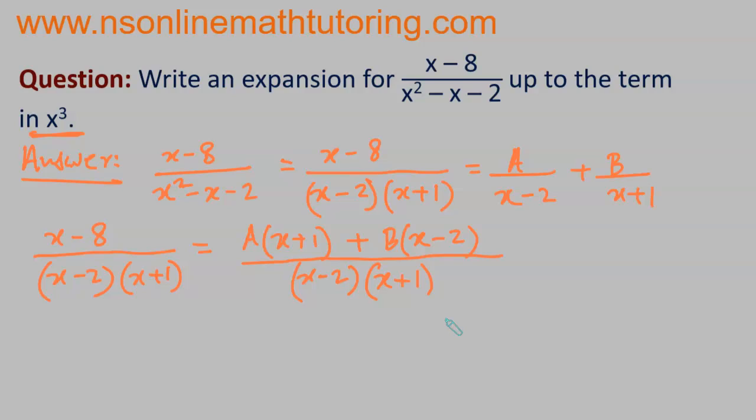And now we have to get rid of the denominators from both sides. So we multiply the entire equation by x minus 2 times x plus 1. In case you are having any difficulty understanding why I am writing these steps, I would definitely ask you to watch my two previous videos.